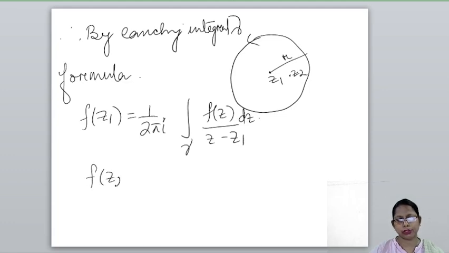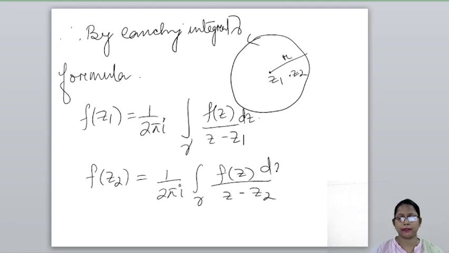Similarly, f(z2) is given by the integral over gamma of f(z) dz/(z - z2) with the same factor.